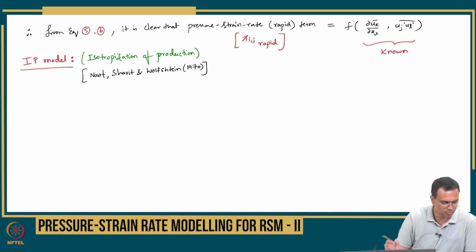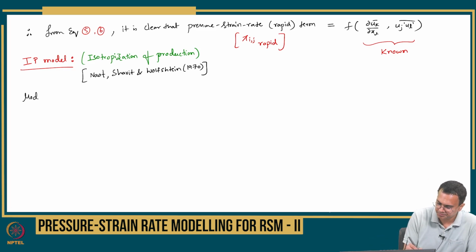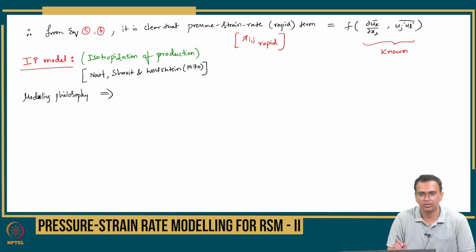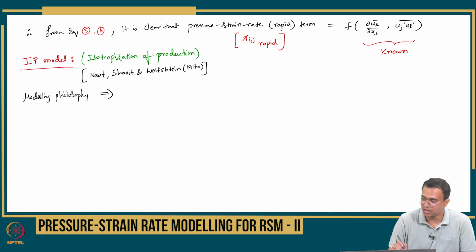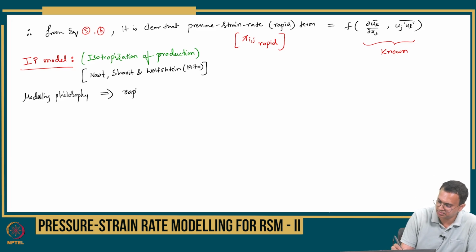So what this model is doing essentially, the modeling philosophy, is that the rapid term partially counteracts the production term, okay.